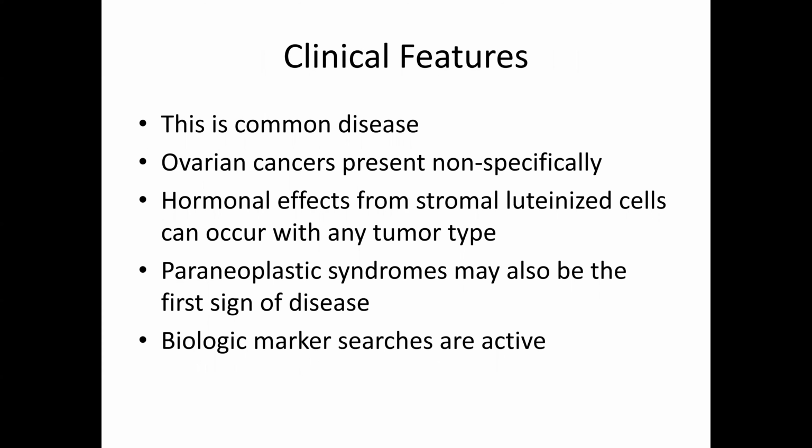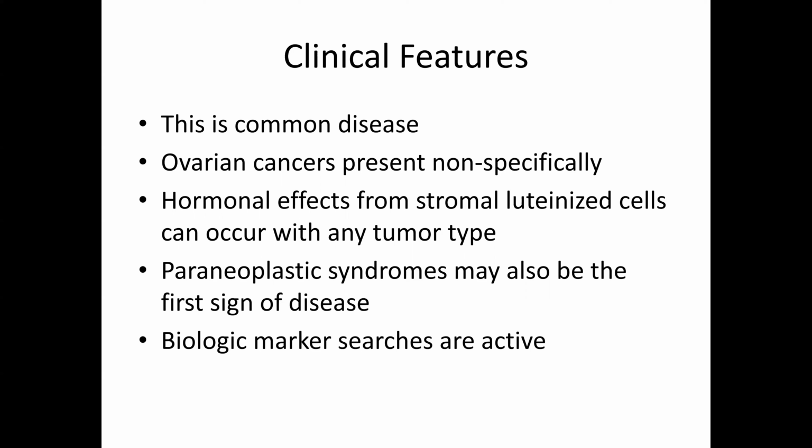So first of all, it's important as we think about ovarian cancers to realize that this is a common disease. I think we see serous carcinoma every week, maybe sometimes several times a week in our practice. And so it's something that we have to deal with regularly. It's also important to realize that ovarian cancer can present very nonspecifically with vague symptoms.